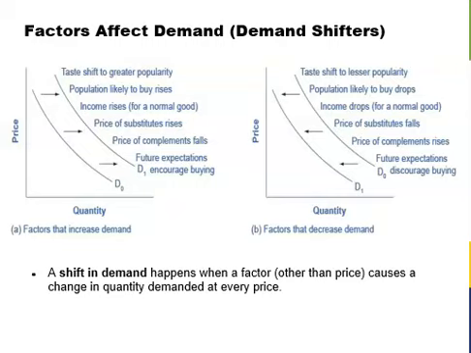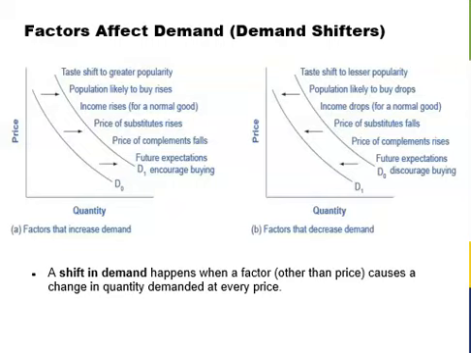They can either increase or decrease demand for a good or service. Let me give you a few examples. First example, when people prefer to wear masks in public, demand for masks increases and the demand curve for masks shifts to the right.